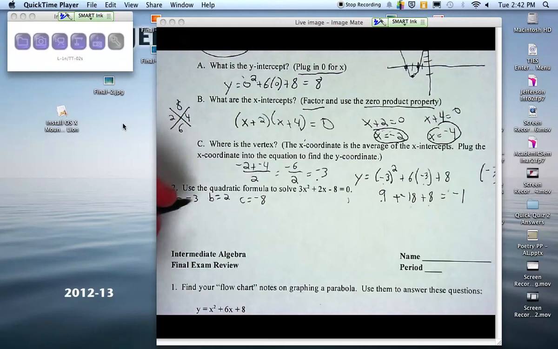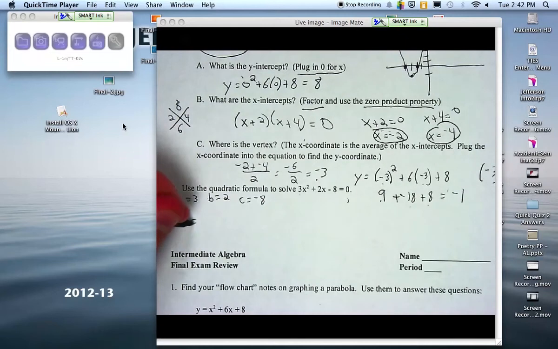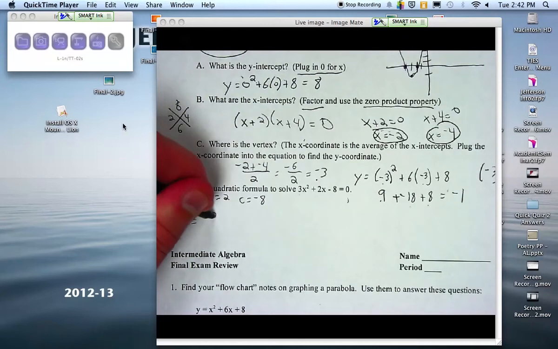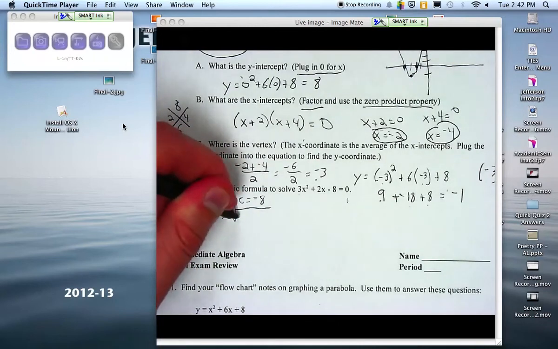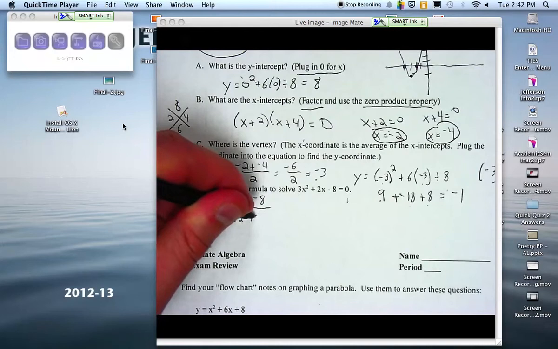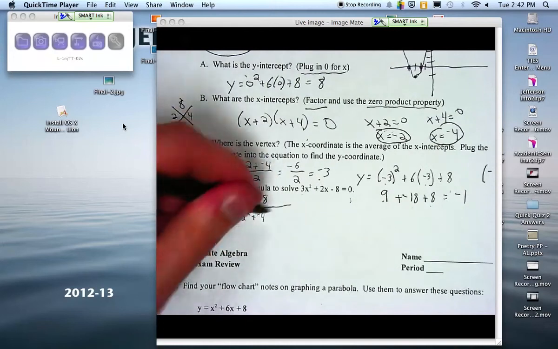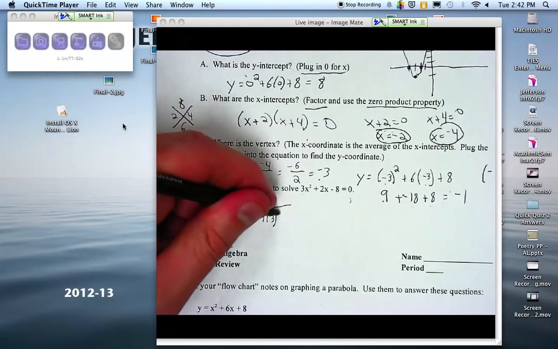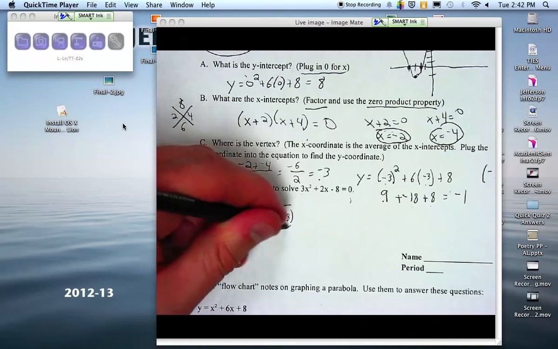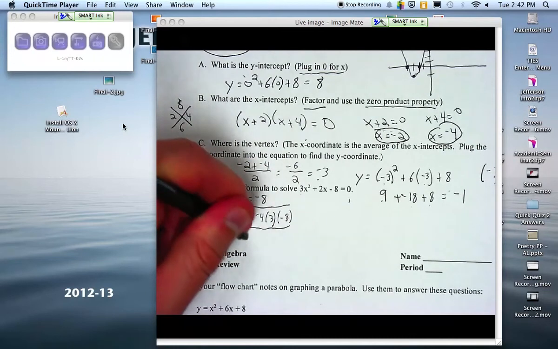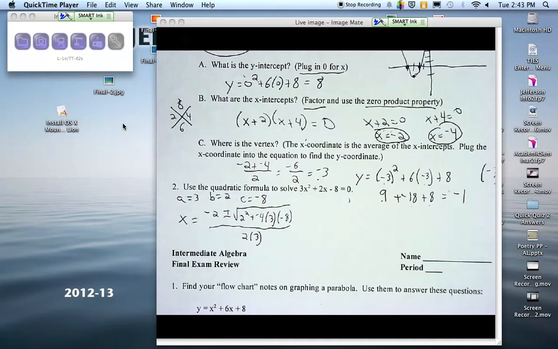And then I just plug those numbers into the quadratic formula. And so it's the opposite of B plus or minus the square root of B squared plus negative 4 times A times C all over 2 times A.